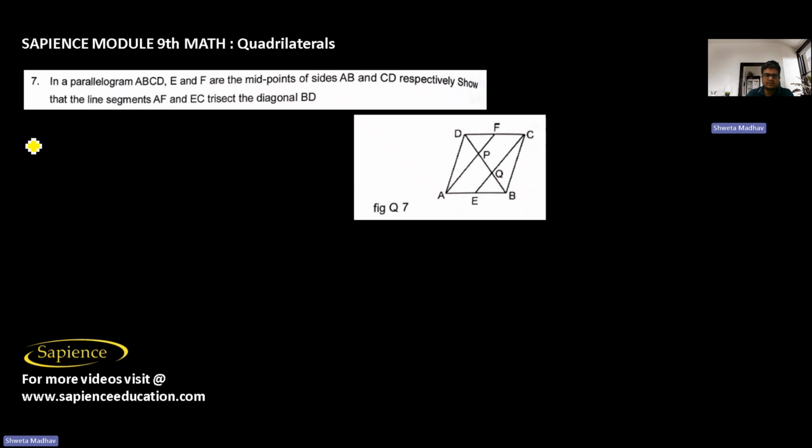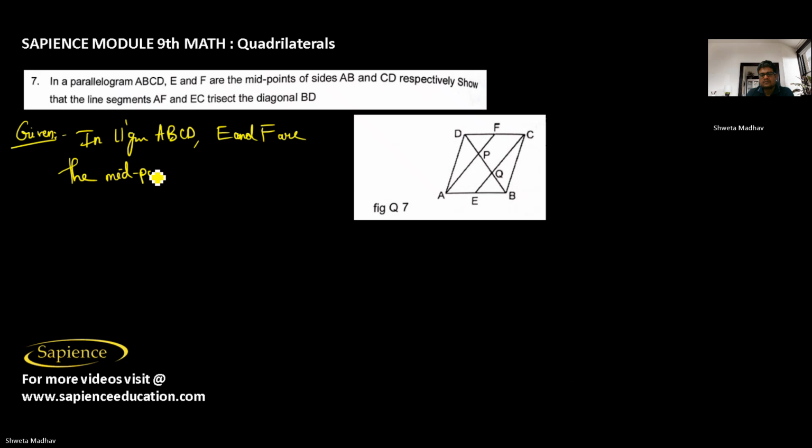Then in question number 7, it is given that in parallelogram ABCD, E and F are the midpoints of the sides AB and CD respectively.